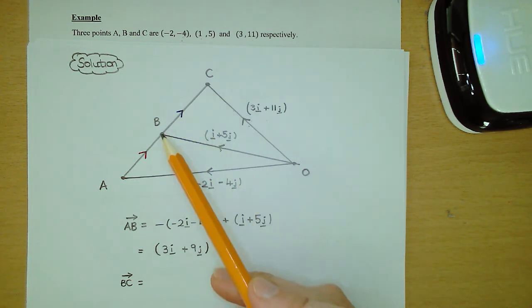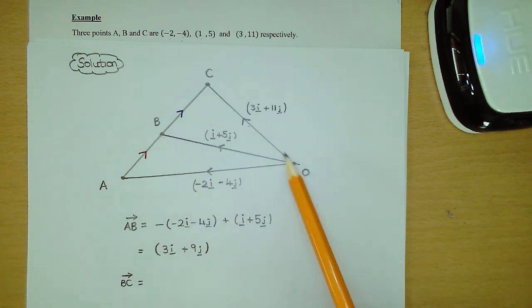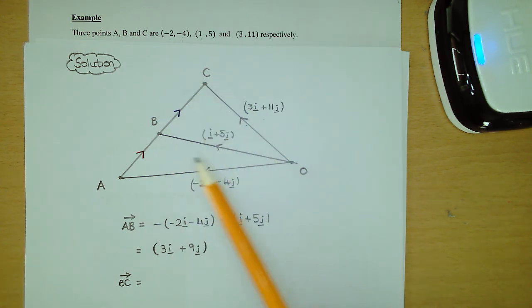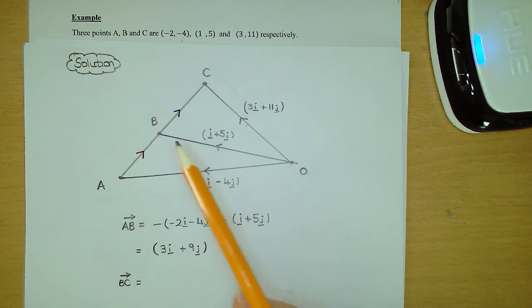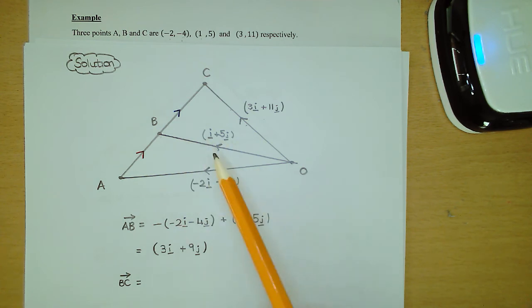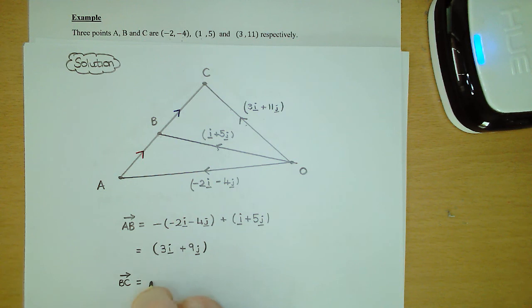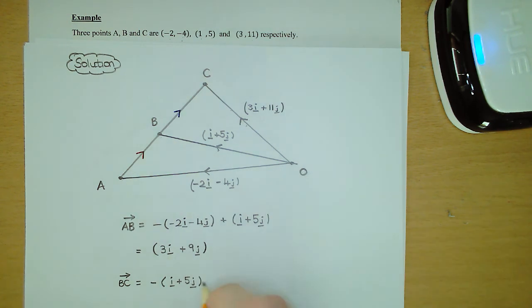So travelling from the tail to the nose of BC, that's the same as going along this vector and then adding on the final vector. Now this vector here that you move along, you're going against the arrow, so you need to make it negative. So it's going to be negative i plus 5j. And then we're adding on the remaining vector.